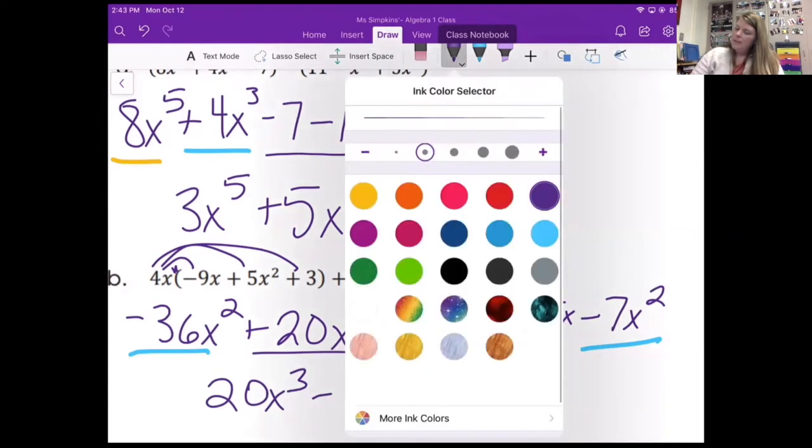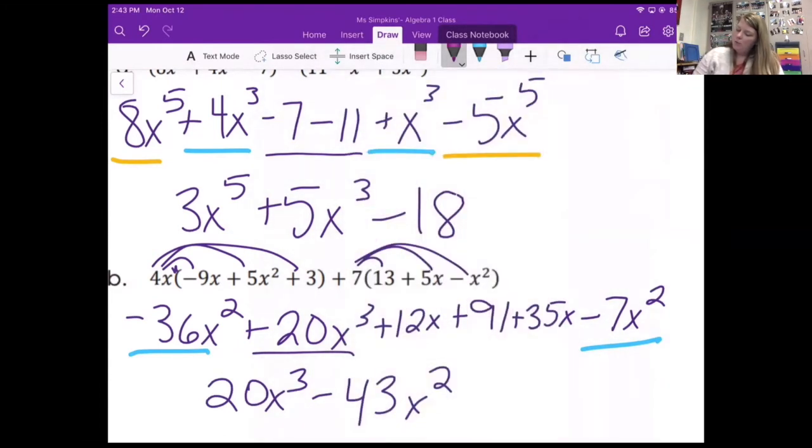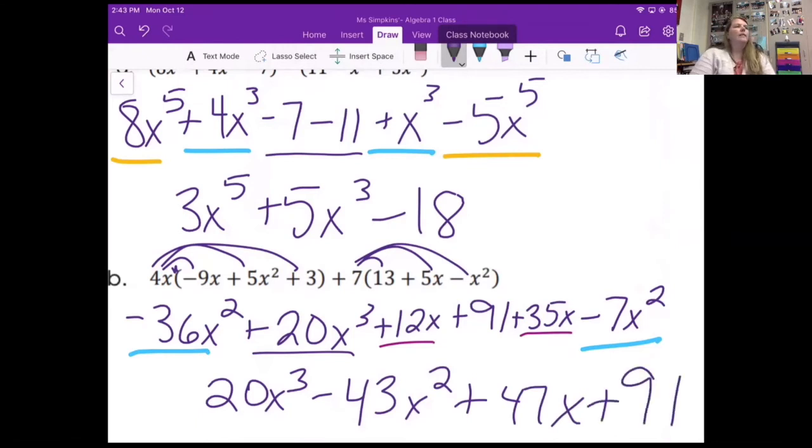Our next biggest exponent would be our x's, which would be 12 and 35. Oh, I changed the wrong color, dang it. 12 and 35 would be 47x. And then we have our constant of 91 at the end. So 20x to the third power minus 43x squared plus 47x plus 91.